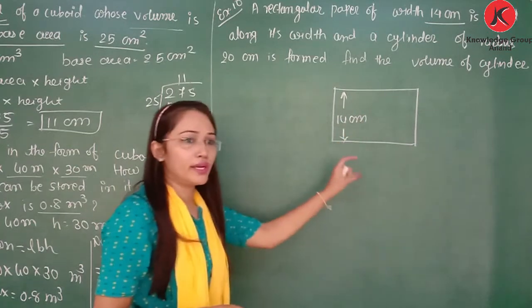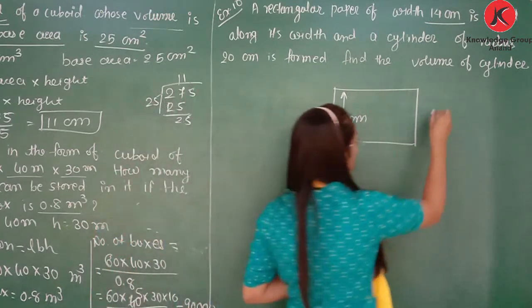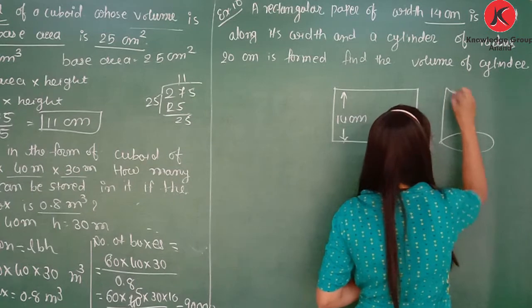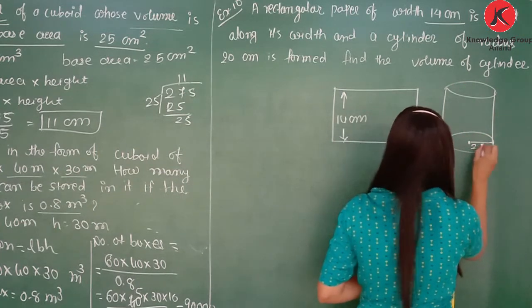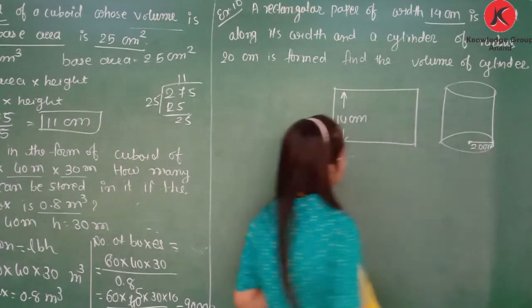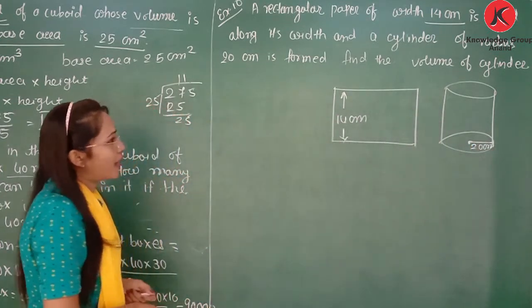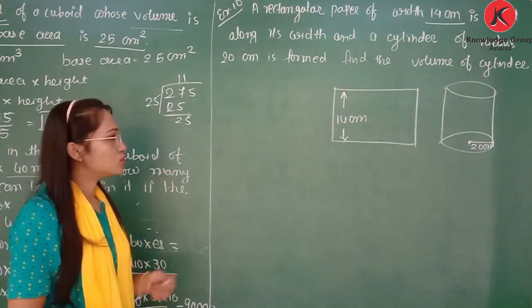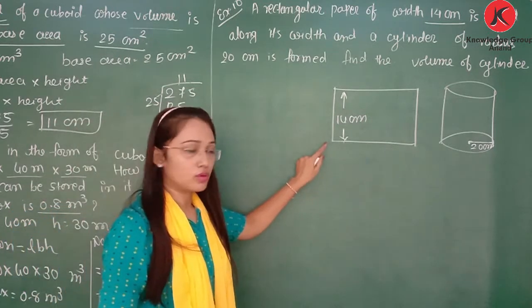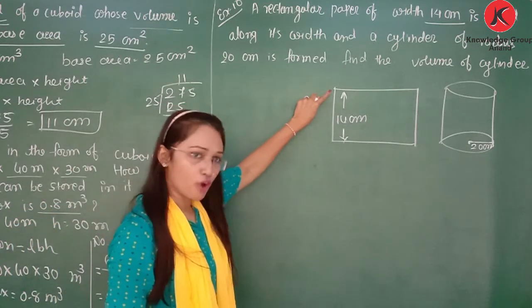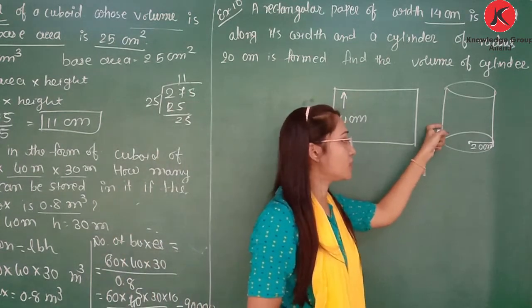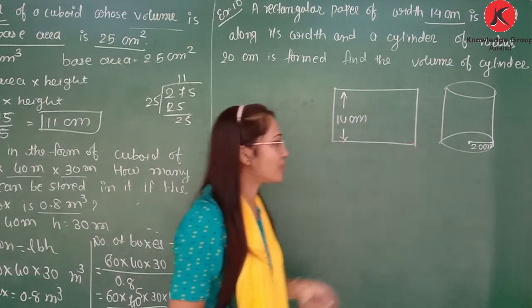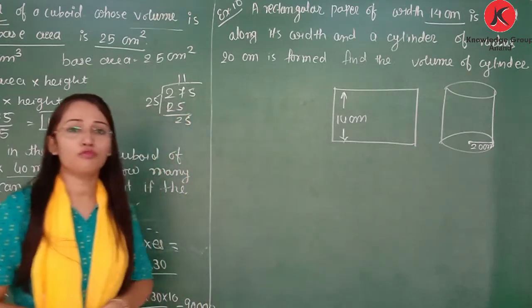Now it is folded into a cylinder. So now it is formed into a cylinder whose radius is 20 centimeter. Find the volume of the cylinder. So that is one paper of width 14 centimeter, now folded into a cylinder whose radius is 20 centimeter. So find the volume of the cylinder.